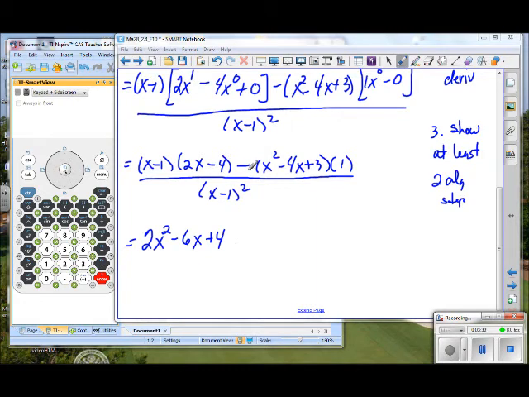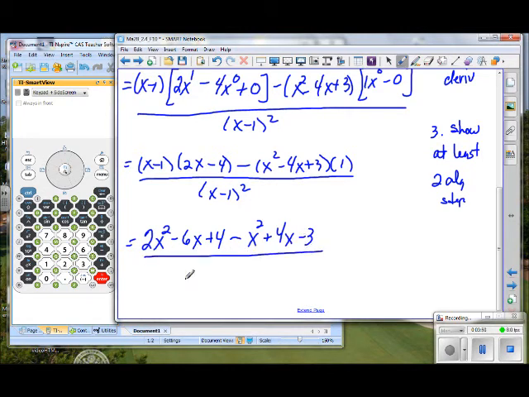Then we go on, here's our subtraction. And I recommend, well, we only have 1 actually. We multiply times 1, we still get x squared minus 4x plus 3. Be careful about that subtraction. It's going to be negative x squared plus 4x minus 3, all of that divided by x minus 1 quantity squared.